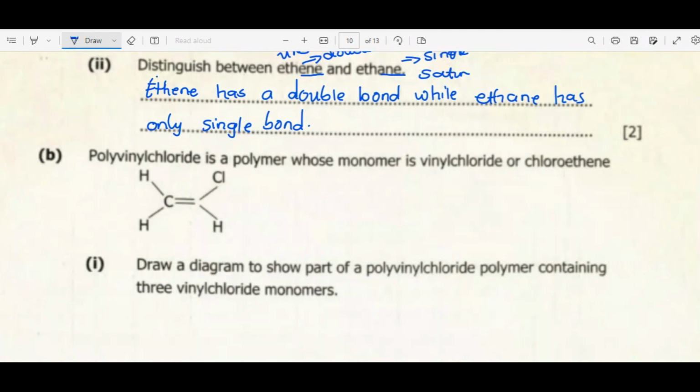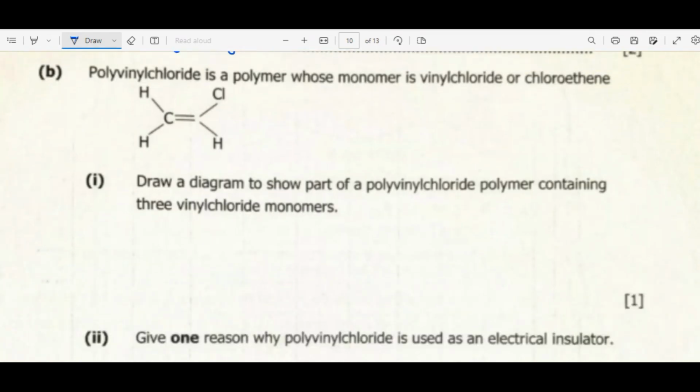Right, we go to question B. So polyvinyl chloride, which is PVC, is a polymer whose monomer is vinyl chloride or chloroethene. Remember, draw a diagram to show parts of polyvinyl chloride polymer containing 3 vinyl chloride monomers.